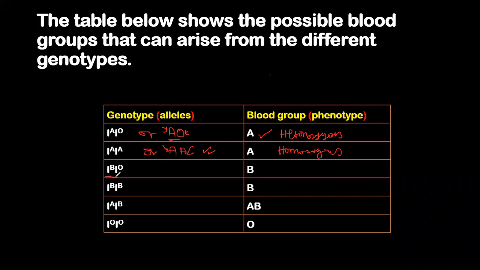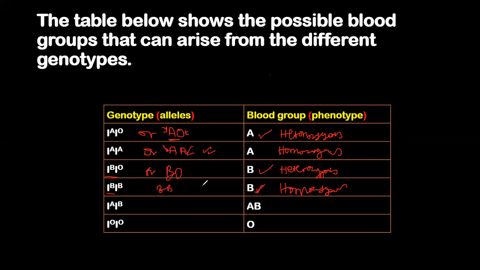The same applies to B. If you have BO, then still you are blood group B, but heterozygous. But if you have BB, IB, then you are still blood group B, but homozygous for blood group B.